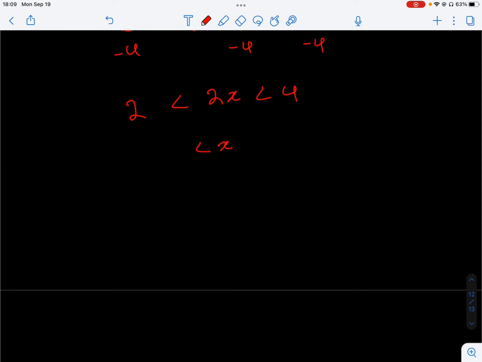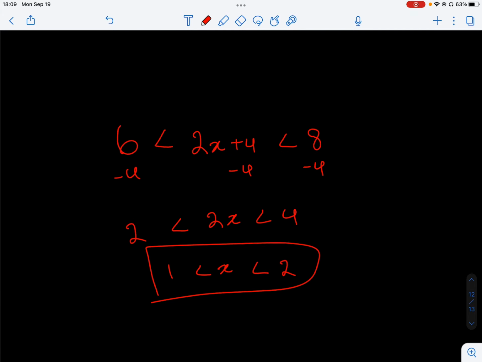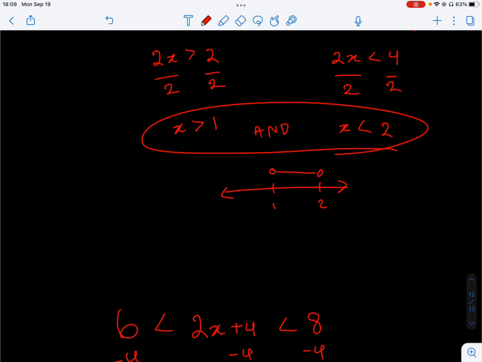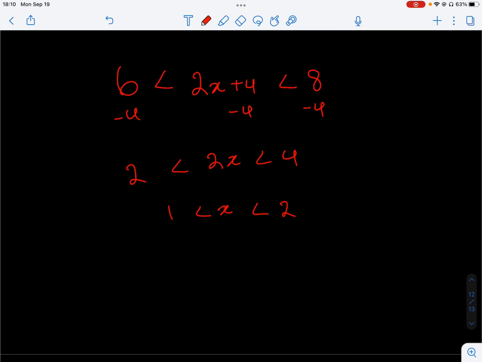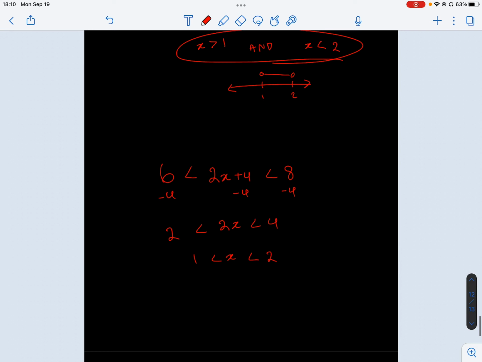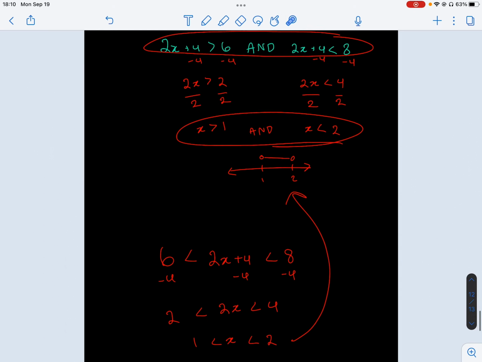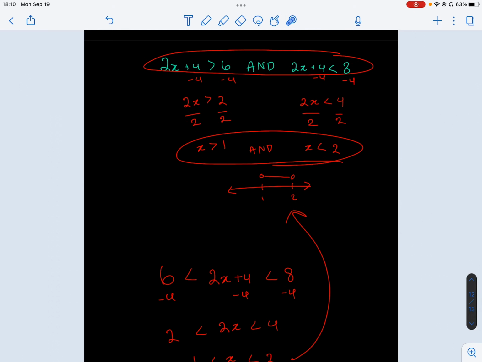I get x is greater than 1 and less than 2, and, well, this is what I ended up at over here. It is bounded by these two numbers. And just notice how the representation here really matches what's going on here very well. We have two endpoints that are firm numbers, and we are kind of stuck between them. And so I think this is a really nice form to work with when it comes to "and" inequalities.